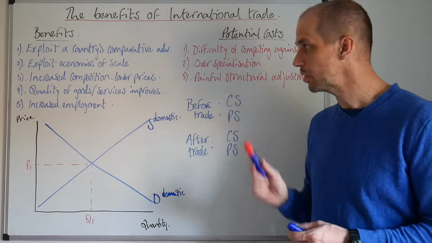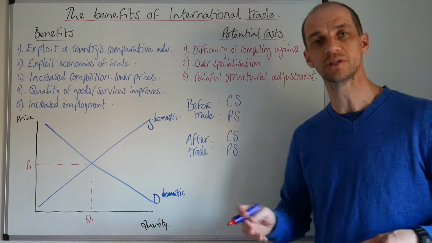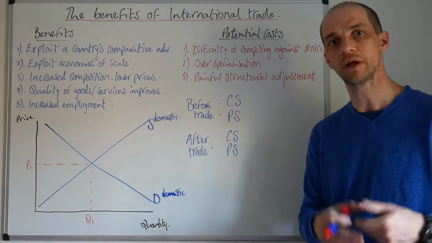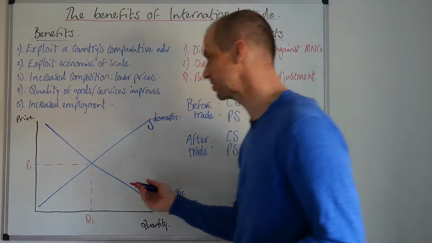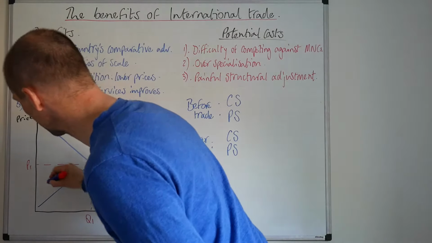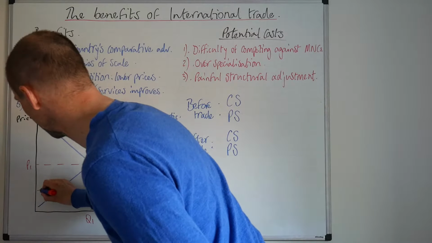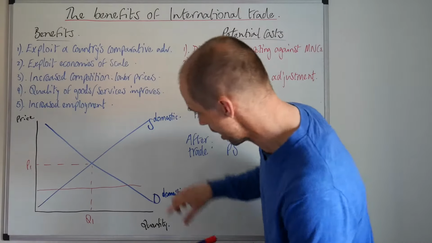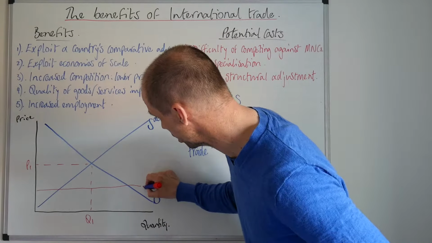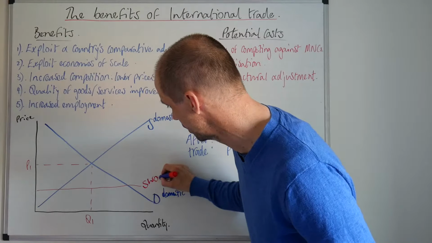So as soon as we think about trading internationally, that we want to buy in goods from other areas, perhaps fruit or something like that in this instance, then we're likely to see a supply curve which looks something like this.